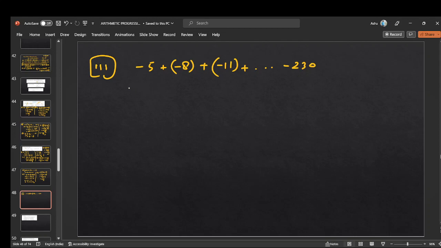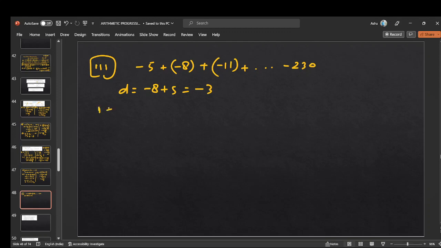Clear? Then for d, minus 8 plus 5, minus 8 plus 5. Now we get the value of d, minus 3. Clear?